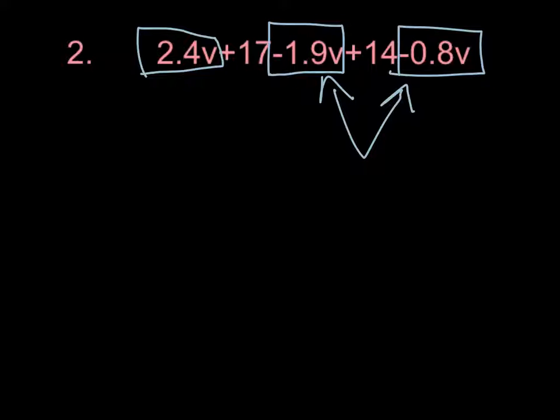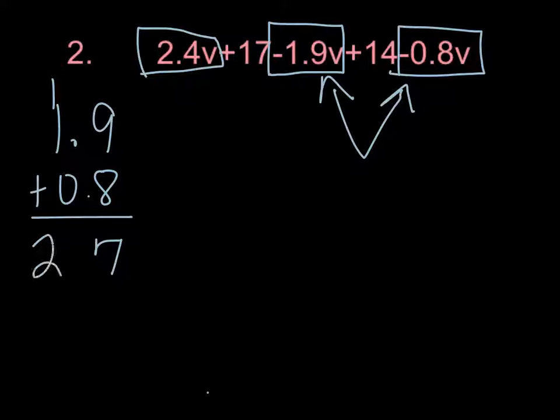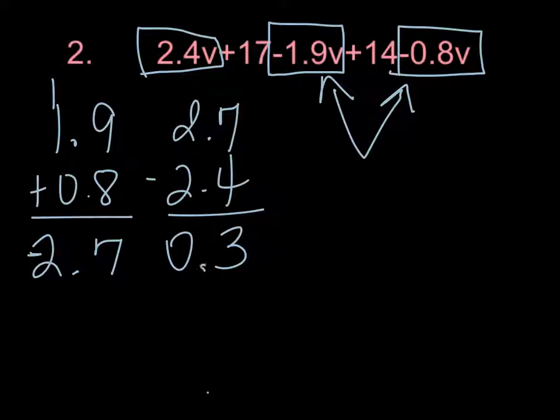Since these two are going to be greater than my positive, I'm going to start by adding those. So 1.9 plus 0.8 is 2.7, and it's going to be negative because they were negative. And then I'm going to subtract. 2.7 minus 2.4 is 0.3, and it's going to be negative because that was negative before.